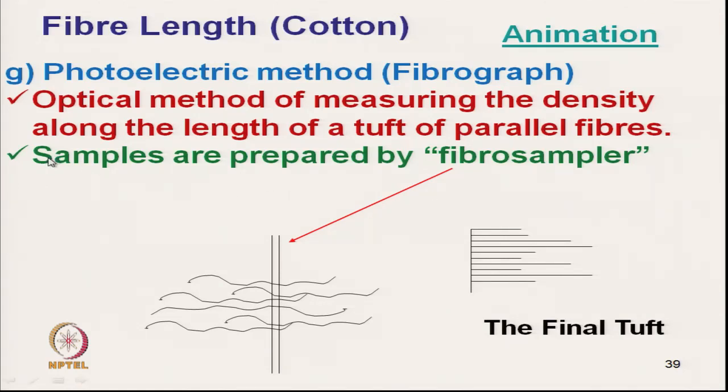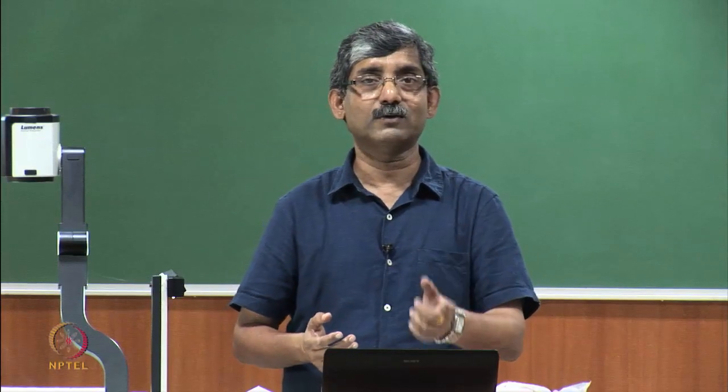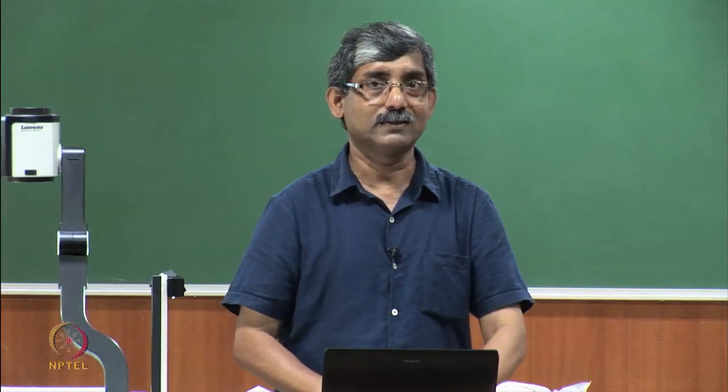Samples are prepared by the fibro sampler, which grips the fibers randomly from any point. It is a length biased sample: fibers with longer length have a higher probability of being selected.